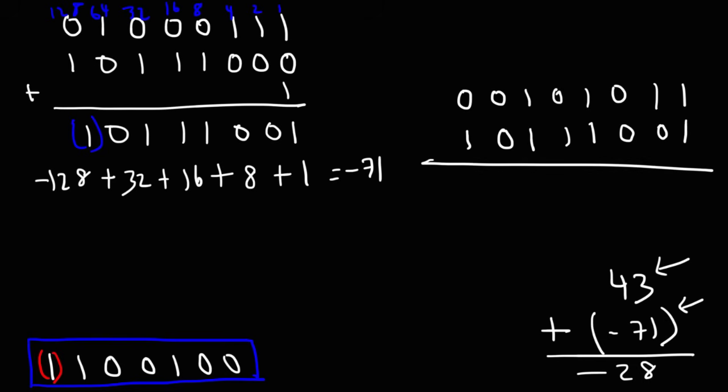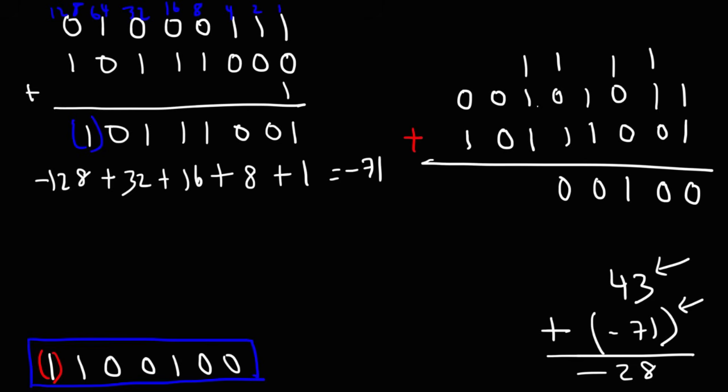And now let's add these two numbers using this process. So 1 plus 1, that's going to be 0, carry over the 1. And then we have 1 plus 1 again, which is 0, carry over the 1. 1 plus 0 is 1. And then 1 plus 1 is 0, carry over the 1. Then we have 1 plus 1 again, which is another 0, carry over the 1.